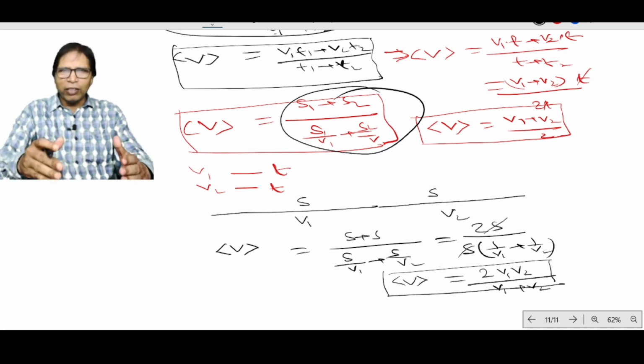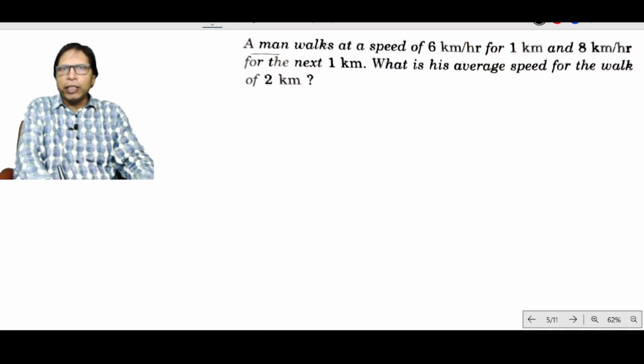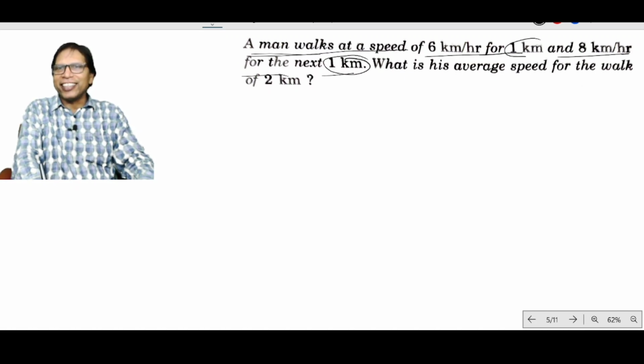Okay, understood? Look at this, this is an HC Verma example. A man walks at a speed of 6 km per hour for 1 kilometer and 8 km per hour for the next 1 kilometer. So here equal distance and two speeds, v1 equals 6 km per hour and v2 equals 8 km per hour.